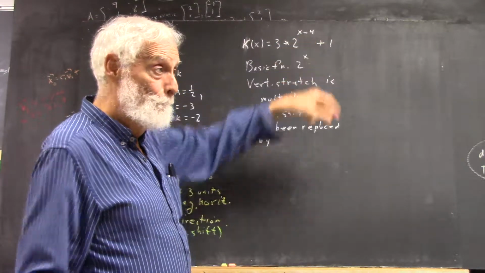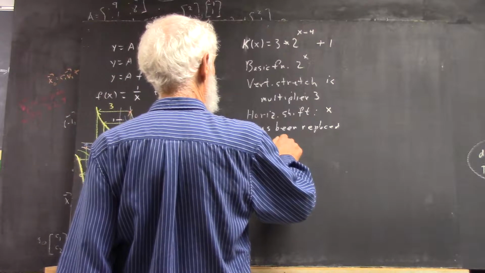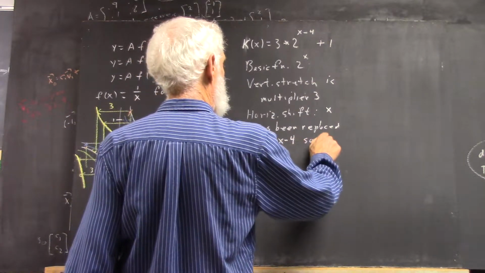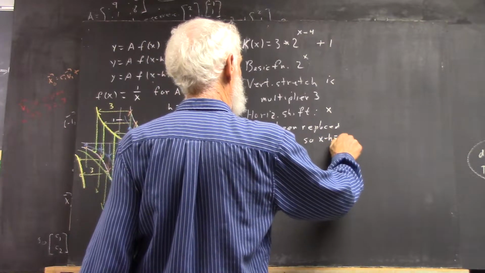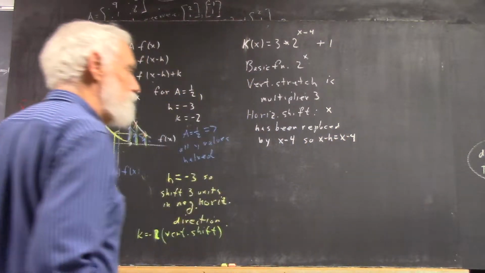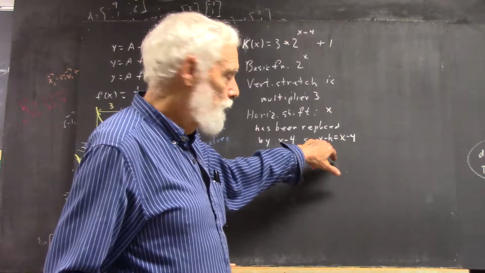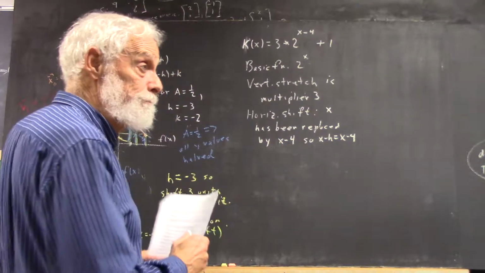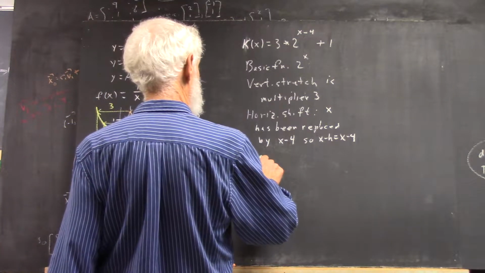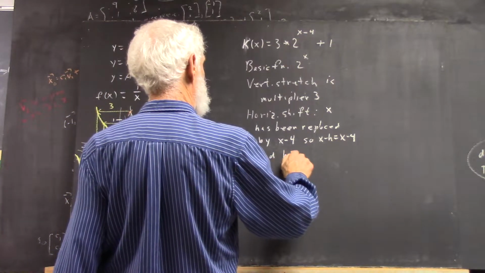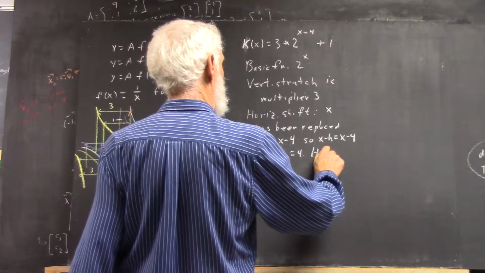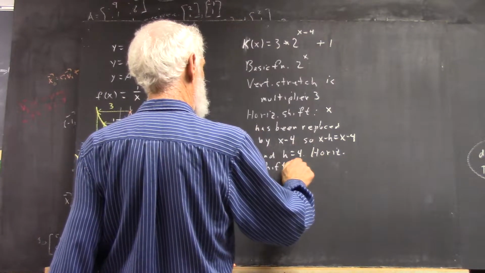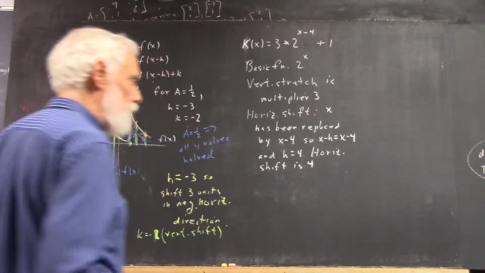X minus 4, right? Well, that means x minus h is x minus 4, right? Horizontal shift is 4.